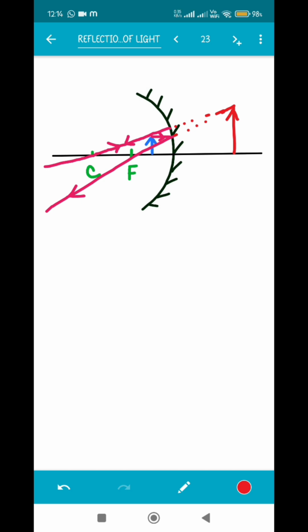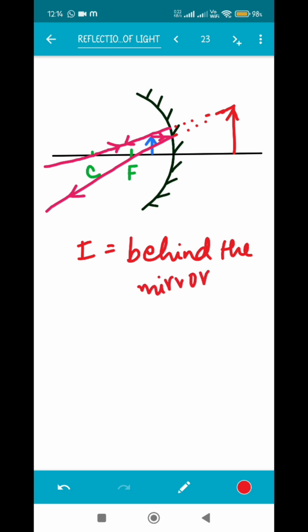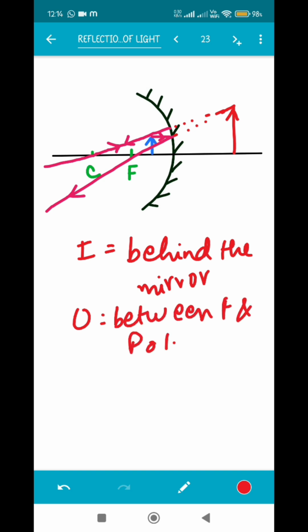So this is the most interesting case of ray diagram in case of a concave mirror. So the image is formed behind the mirror. If you are unable to remember this word, you can just say inside the mirror, and the object is between the focus and the pole of the mirror.